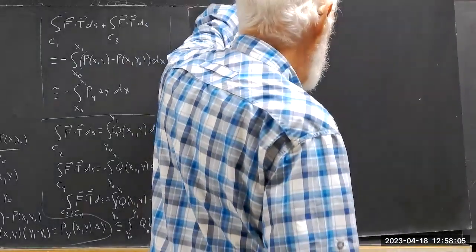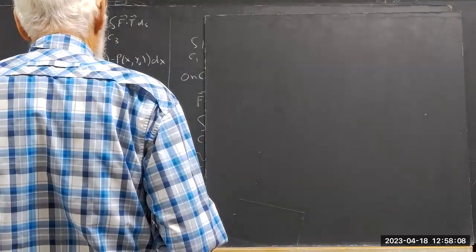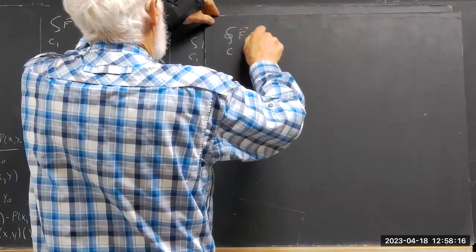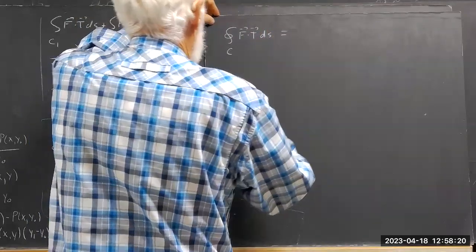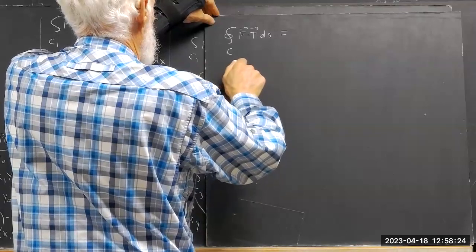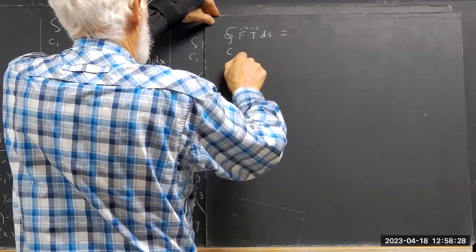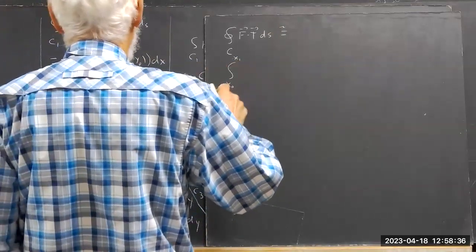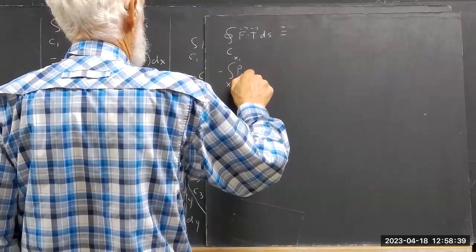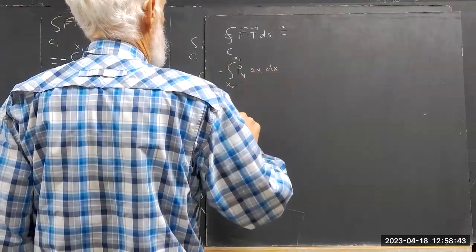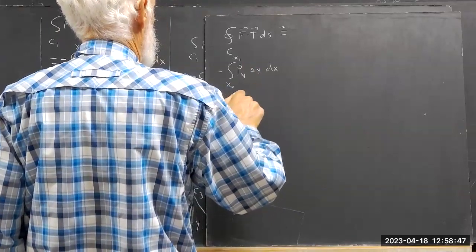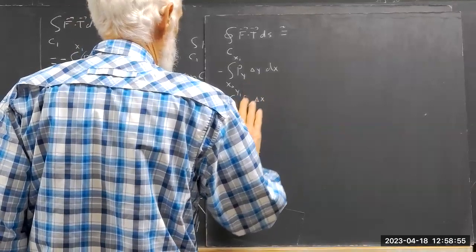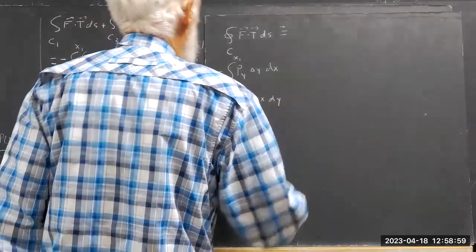Well, now, suppose the integral over C now becomes the integral from x0 to x1, approximately, of negative p_y delta y dx, plus the integral from y0 to y1 of q_x delta x dy.